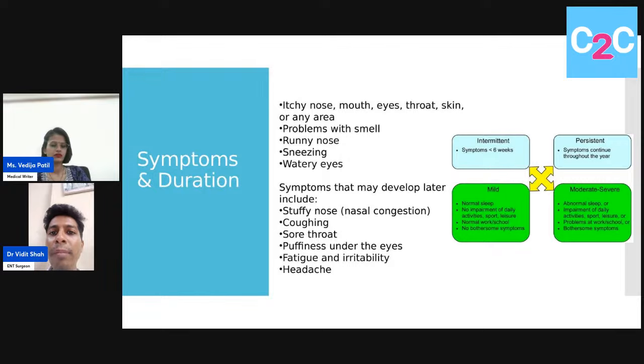So what I want my viewers to understand is we need to pick up such patients. Your body is a very good machine, it gives you the signals at the right time. It is for you to pick up that signal and show the clinician at the earliest.